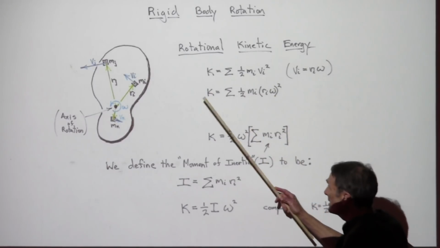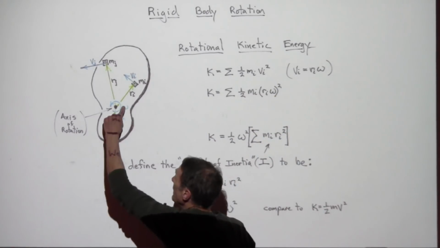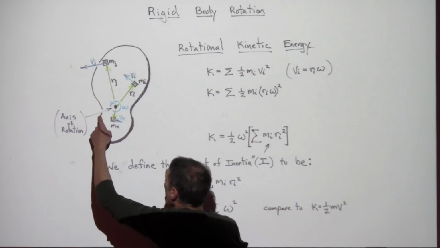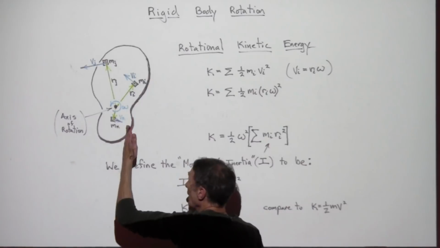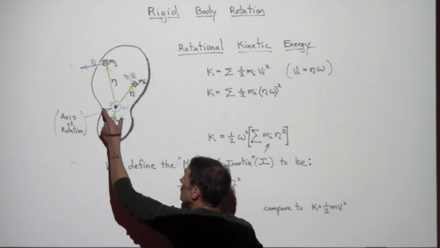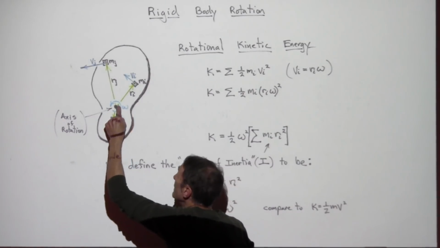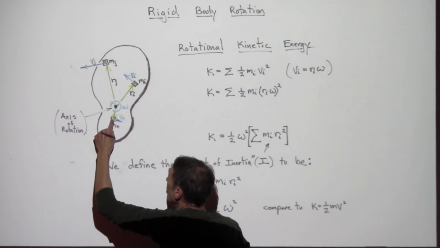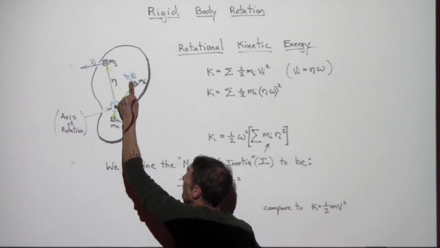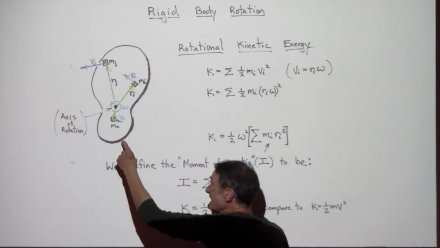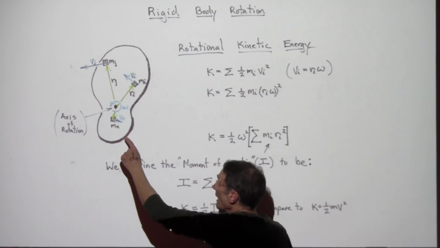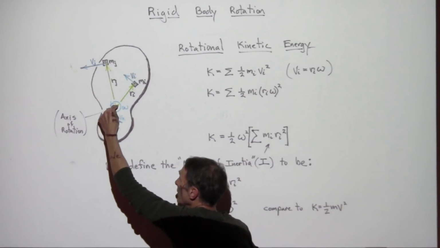Let's say I've got this thing. It's rotating with some omega, and there are individual pieces. Imagine chopping this thing up, if we were going to do an integration, which we're not going to do, into a bunch of little pieces. They have their individual little masses, and as this thing rotates, they're going to be traveling at different velocities depending how close they are to the point of contact.